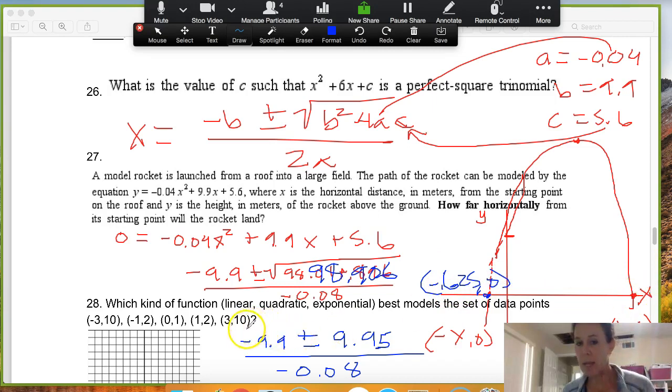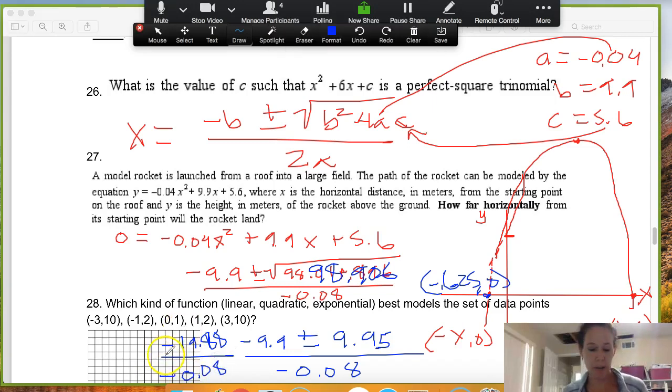So let's go. Negative 9.9 minus 9.95. So they're both negative, so they end up being a bigger negative. So this is going to give me negative 19.85 divided by negative 0.08.